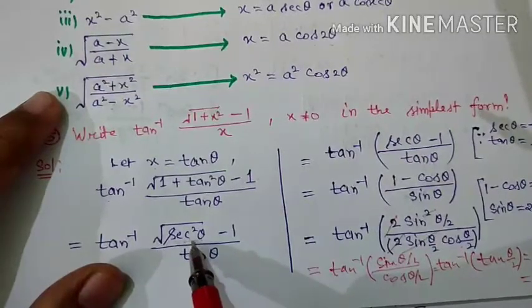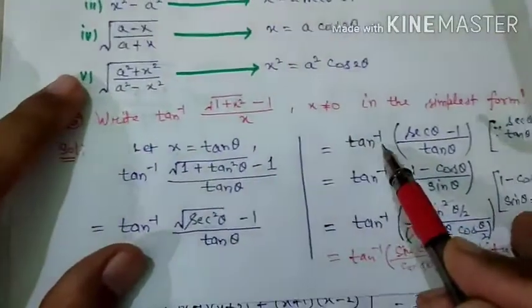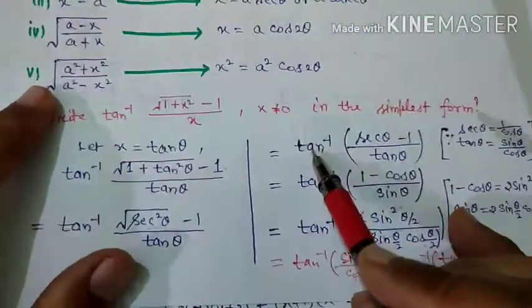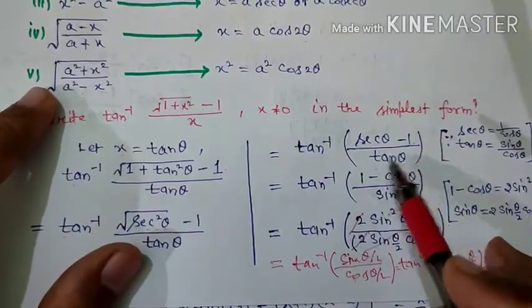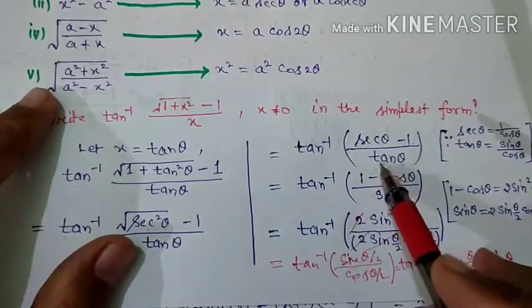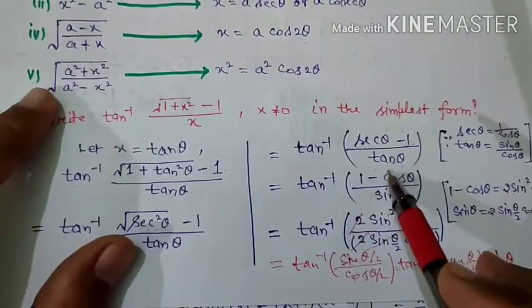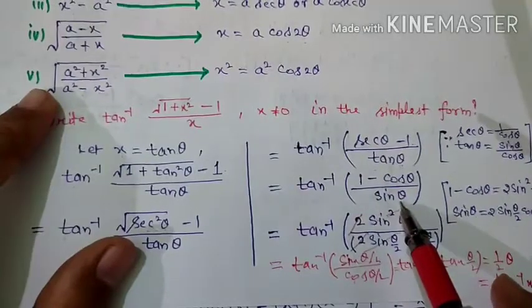After taking the root of this, we'll be getting (sec theta minus 1) upon tan theta. Now just take the LCM. Sec theta, we know, is 1 upon cos theta, and tan theta is sin upon cos. If we take the LCM, we'll be getting (1 minus cos theta) upon sin theta.